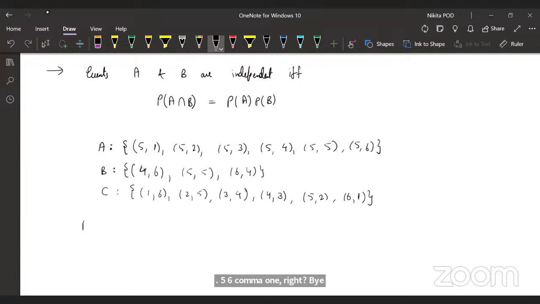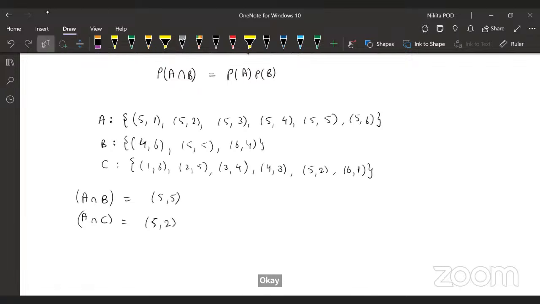Now, what is A intersection B? This is just 5,5. What is A intersection C? This is 5,2, only 5,2, right?